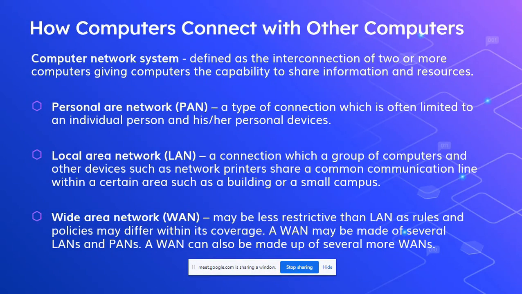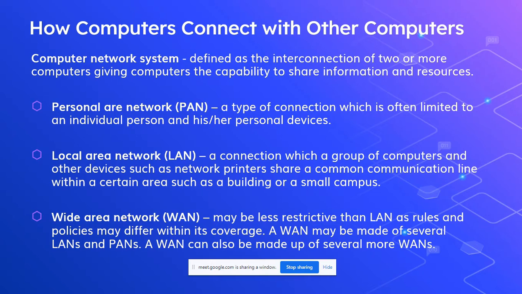So dito tayo. Simulan ko dito sa how computers connect with other computers. So basically, there are many types of connection na pwedeng i-categorize ang computer networks. So first is we have our personal area networks, which is defined as a type of connection which is often limited to an individual person and his or her personal devices.